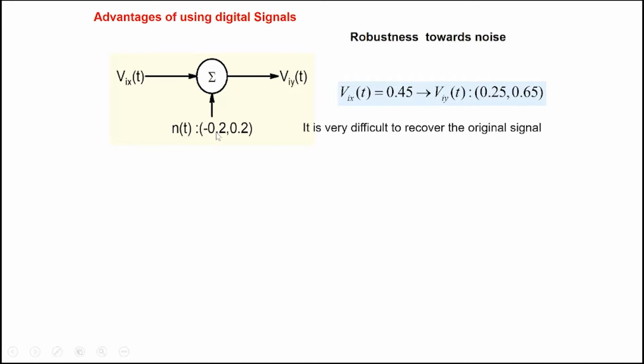In some situations, we may not be able to differentiate very well a noise from, let's say, a speech signal or some other signal coming from some source. So the point is that once an analog signal gets corrupted by noise, it becomes very difficult to recover the original signal. We may reduce the effects of the noise, but we can't recover the original signal.